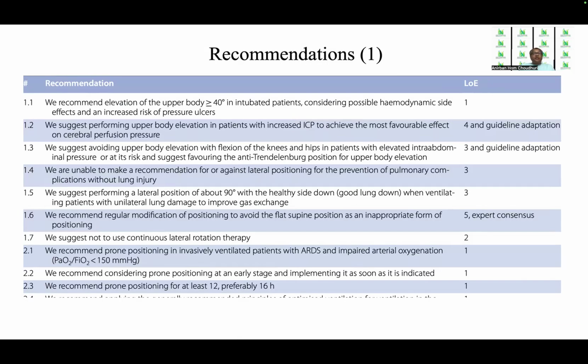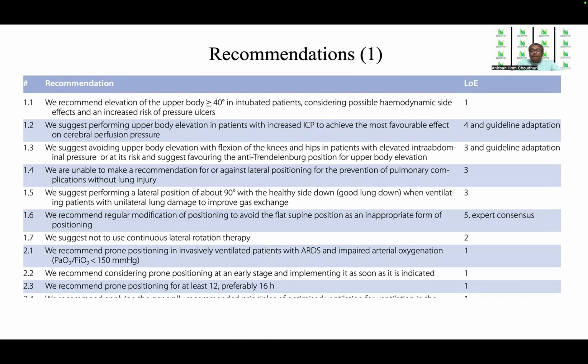So if we go by the recommendations, we find that the level 1 recommendation exists for upper part of the body greater than 40 degrees in intubated patients, considering possible hemodynamic side effects and increased risk of pressure ulcers. Although they had recommended this, the level of evidence is 4, a suggestion.